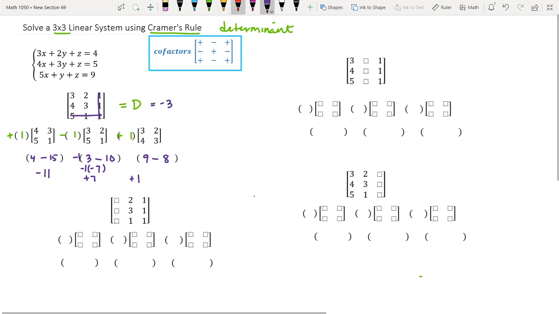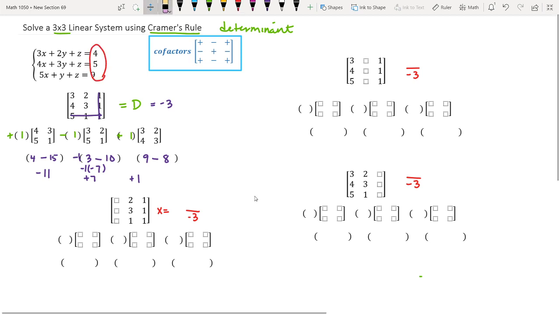All right, so as we go into these next stages, keep in mind that my D value is negative 3, so I'm going to put that negative 3 under the denominator for all of my answer boxes here. The other thing is I've set it up so it's a little bit faster to work with. We're going to find X. So I'm going to take this 459 here.